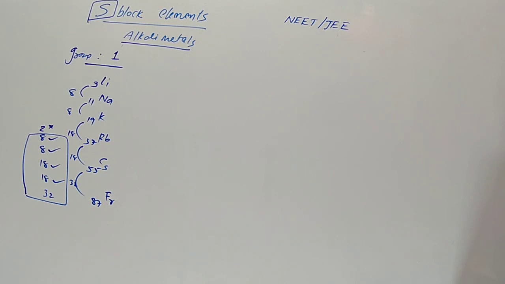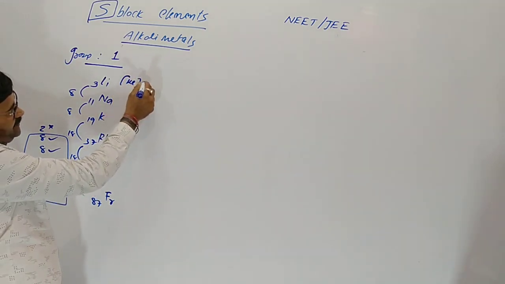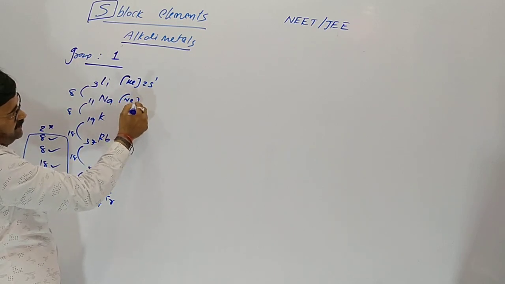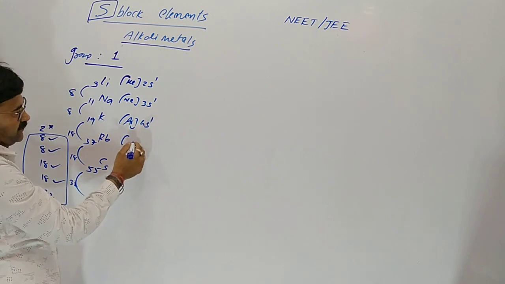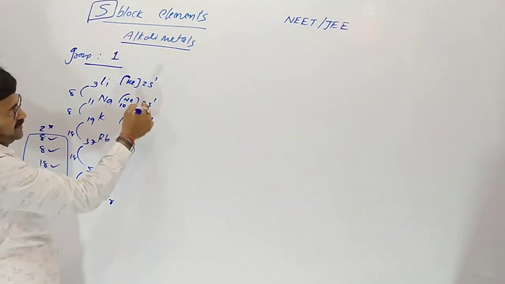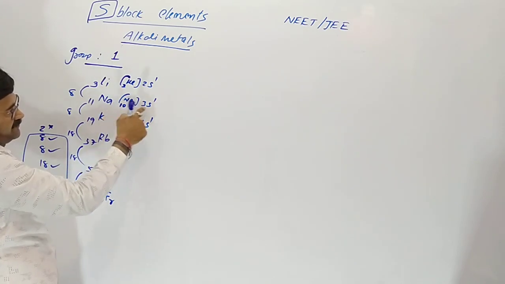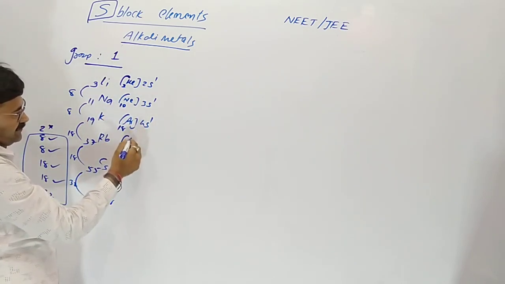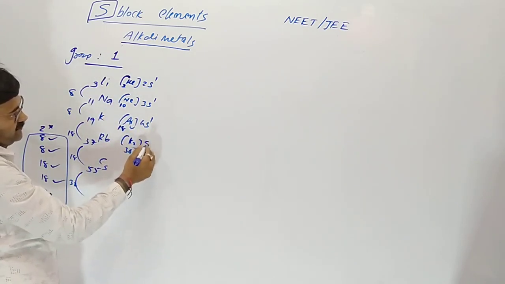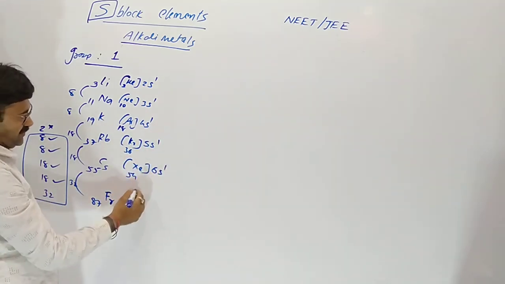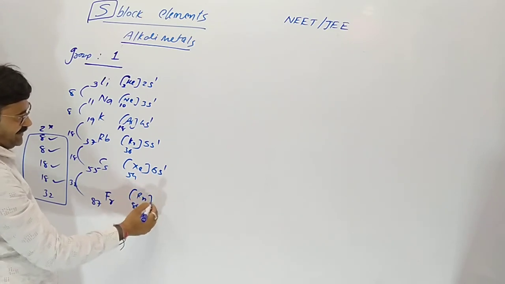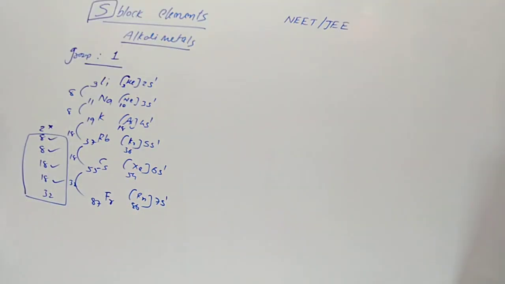All the elements of group number 1 are metallic by nature. Electronic configuration: after helium 2s1, after neon 3s1, after argon 4s1, krypton 36 5s1, xenon 54 6s1, radon 86 7s1.